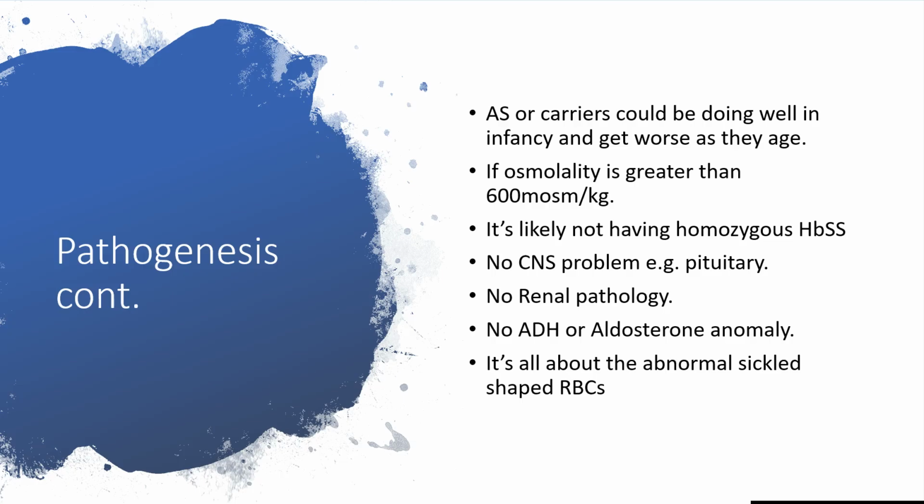If the osmolarity is 600 milliosmoles per kg or greater, then you can rule out hemoglobin SS.